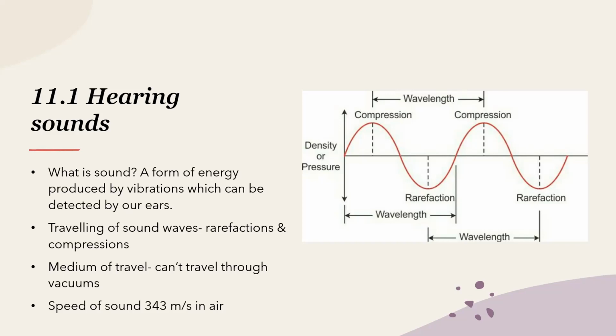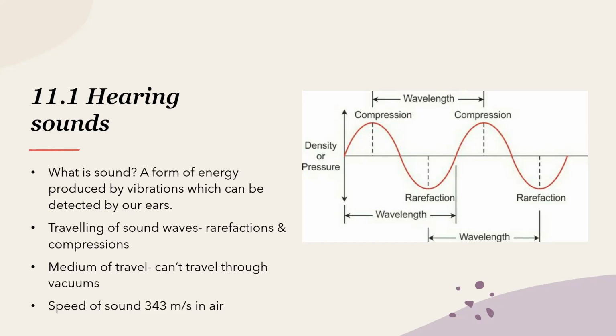Now, when you're hearing sound, what really is sound? How are sounds made? When we're defining sound, we say that sound is a form of energy produced by vibrations which can be detected by our ears. So sound is produced when something vibrates, and a form of energy is produced that we call sound, and it can easily be detected by our ears.